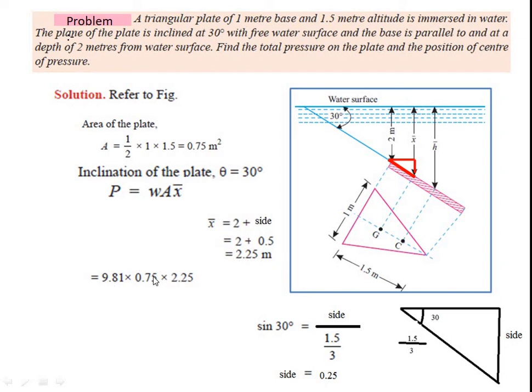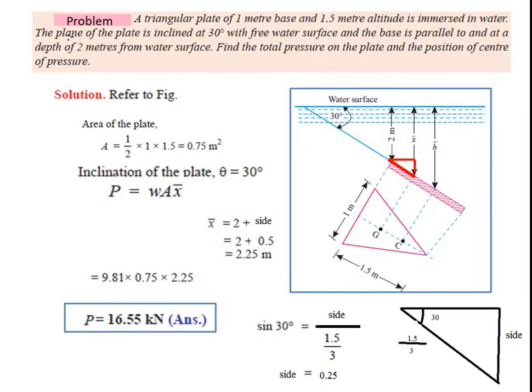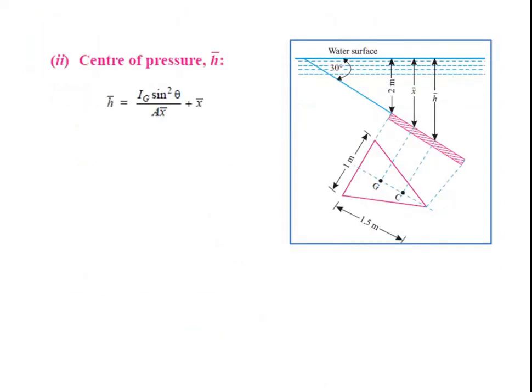So P can be given as g, that is water 9.81, into A, which is 0.75, into x bar, which is 2.25. So it is equal to 16.55 kilonewton. Okay. Now center of pressure h bar can be given as Ig sin square theta divided by A x bar plus x bar. Again, Ig is b h cube divided by 36, so it is 0.09375 meter raised to 4.